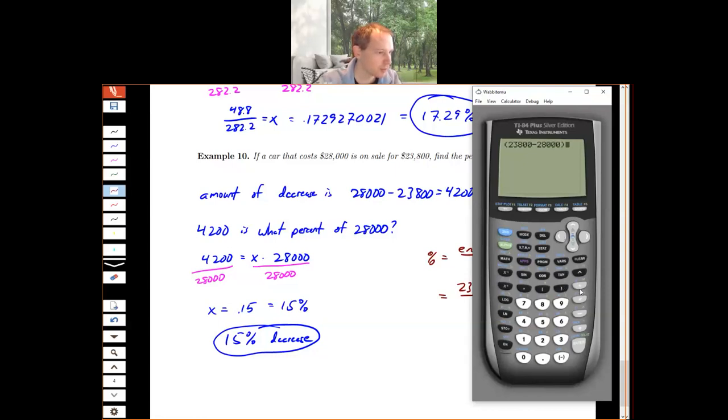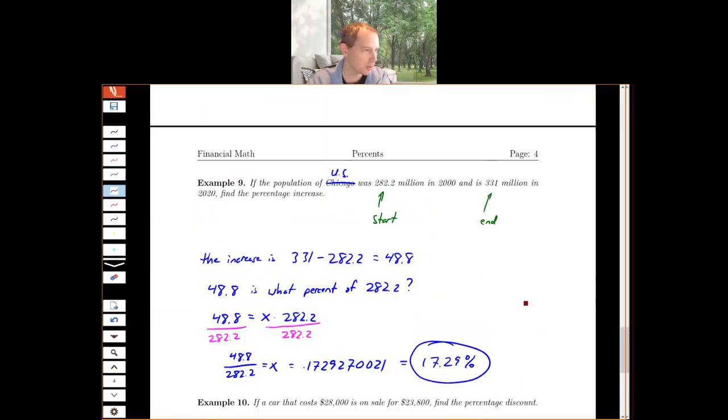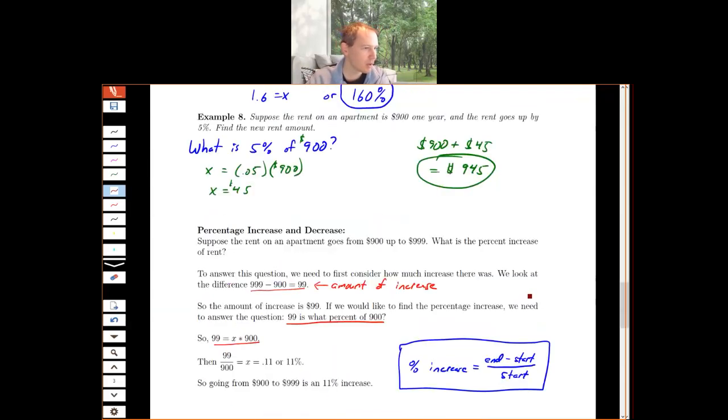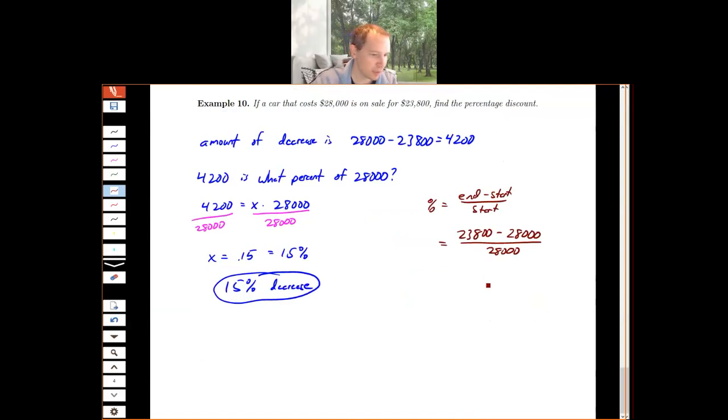Okay. Divided by 28,000. Okay. And my calculator gives me a negative because when I use this formula, we didn't really distinguish, right? We sort of wrote this formula for a percentage increase, and we didn't distinguish between a percent increase and decrease. Okay. And so a negative just indicates that you have a decrease instead of an increase.